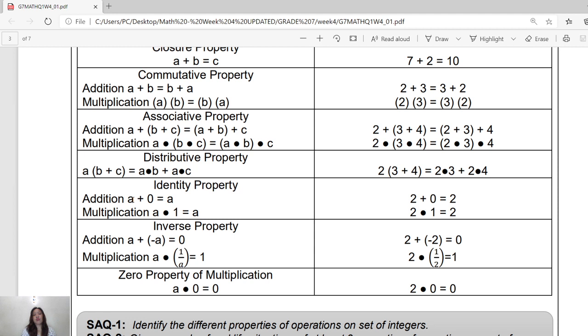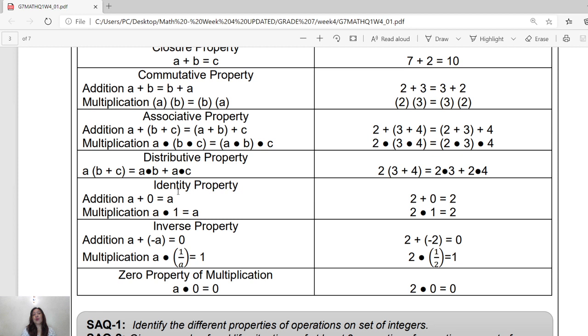So we have A plus 0 is always equal to A. So any number A plus 0 is just equal to A. That is according to identity property for addition. So that is, we have an example here, 2 plus 0 equals 2. So any number plus 0 is just the same as the given number.